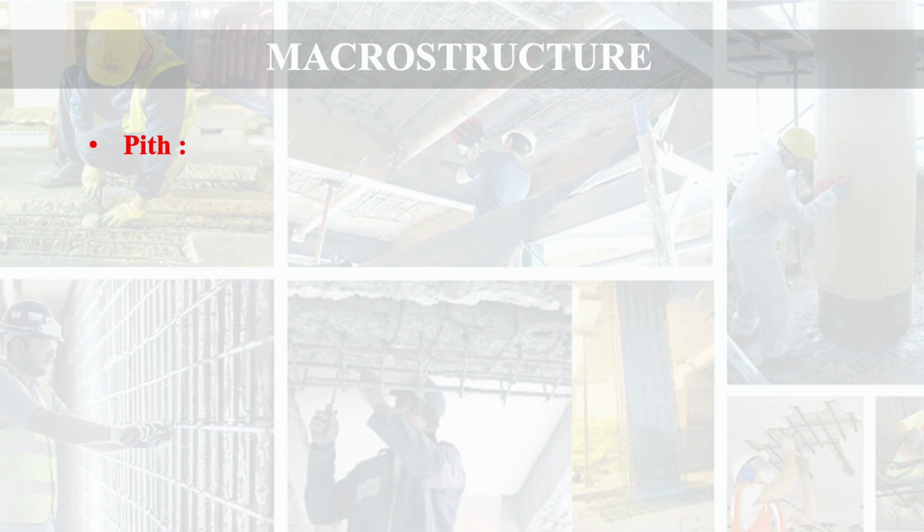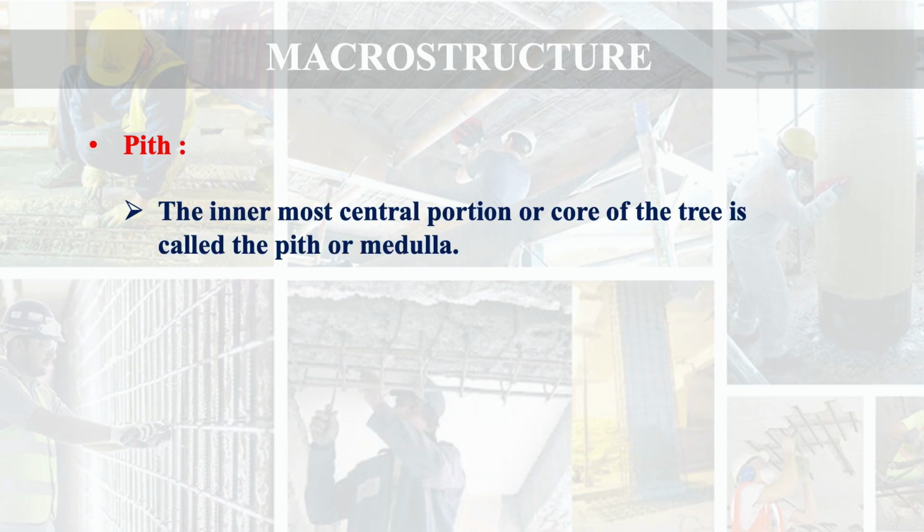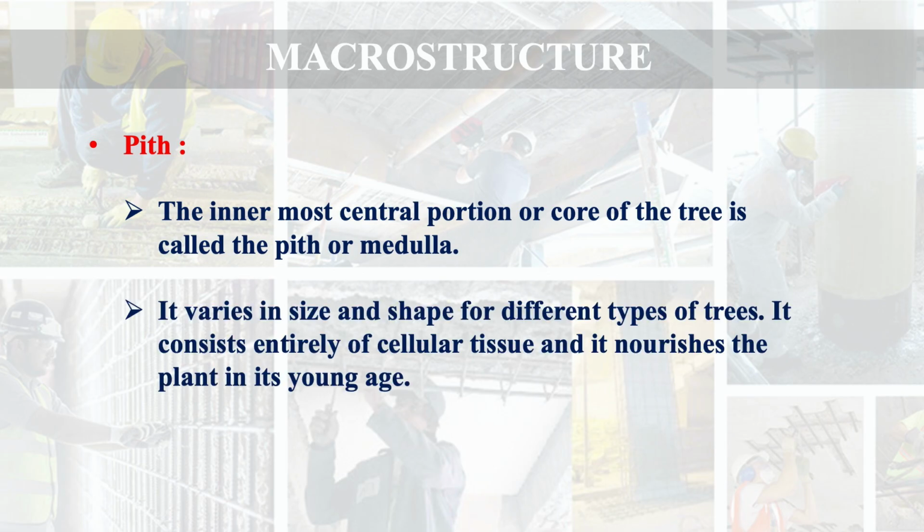First one is pith. As I showed you in the figure, this innermost central portion or core of the tree is called the pith or medulla. It varies in size and shape for different types of trees. It consists entirely of cellular tissue and it nourishes the plant in its young age.